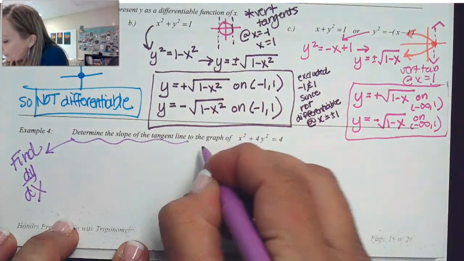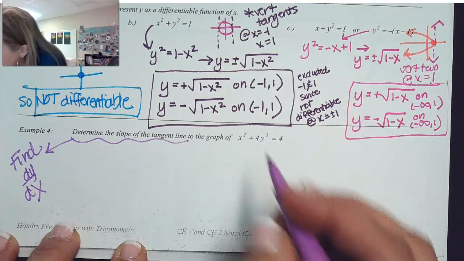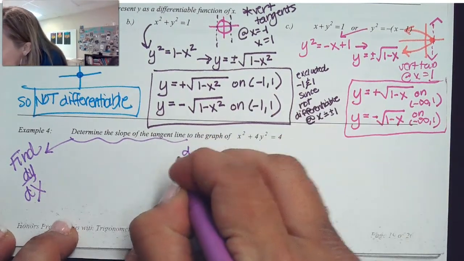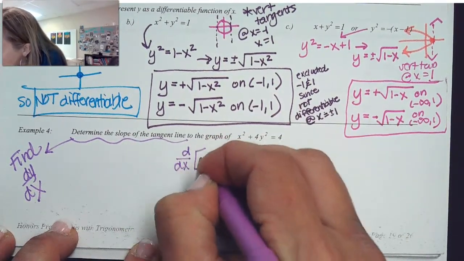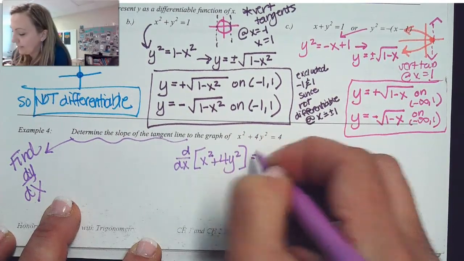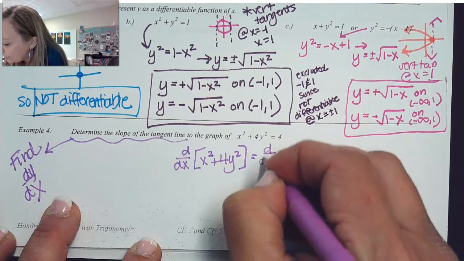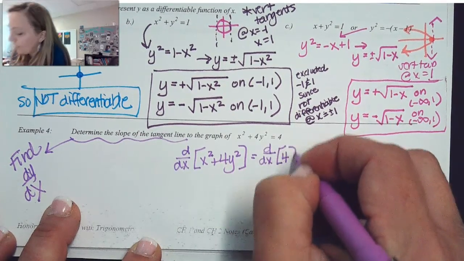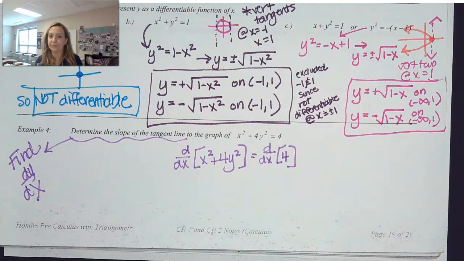I'm going to differentiate the left side, x squared plus 4y squared with respect to x, and differentiate the right side, which is 4, with respect to x.